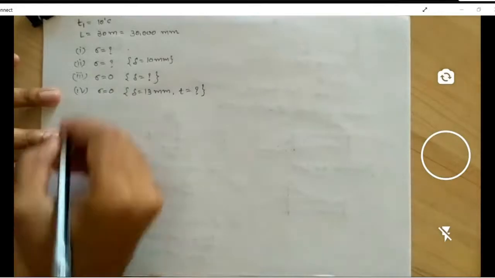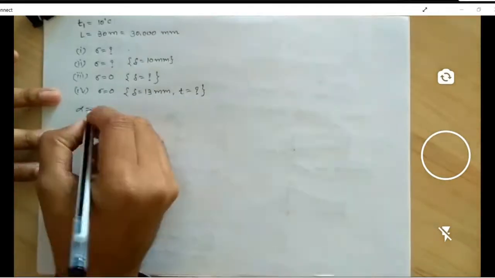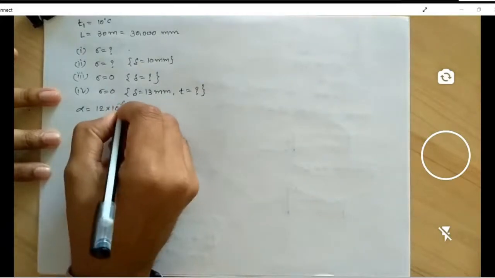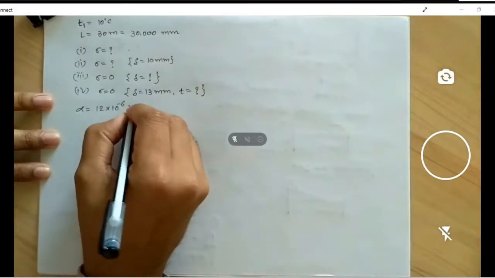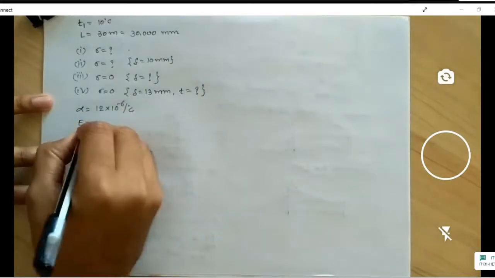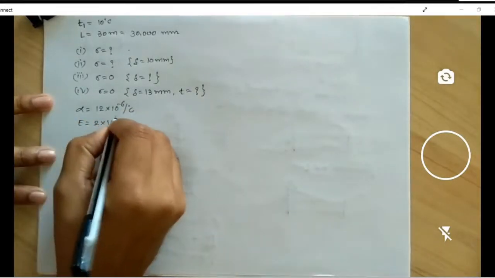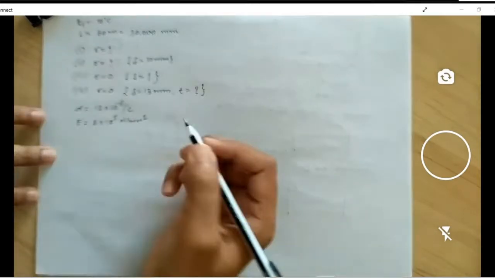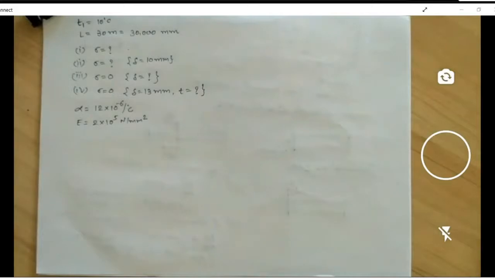For that, alpha is given, the thermal coefficient 12 into 10 raised to minus 6 per degree Celsius. And E, Young's modulus, is given as 2 into 10 raised to 5 Newton per mm square. Okay. So this is our problem, and we want to find the temperature stresses.